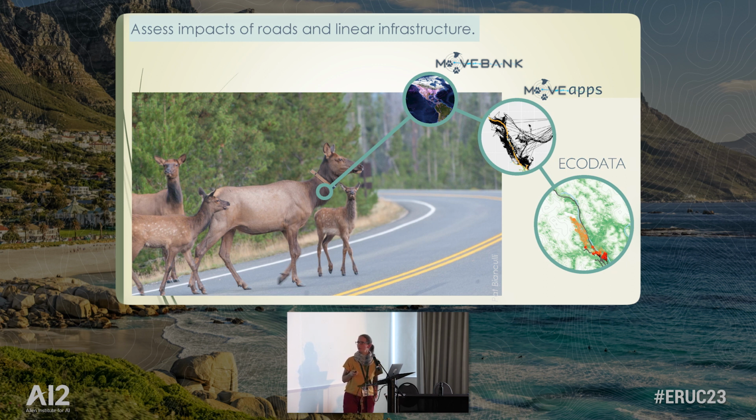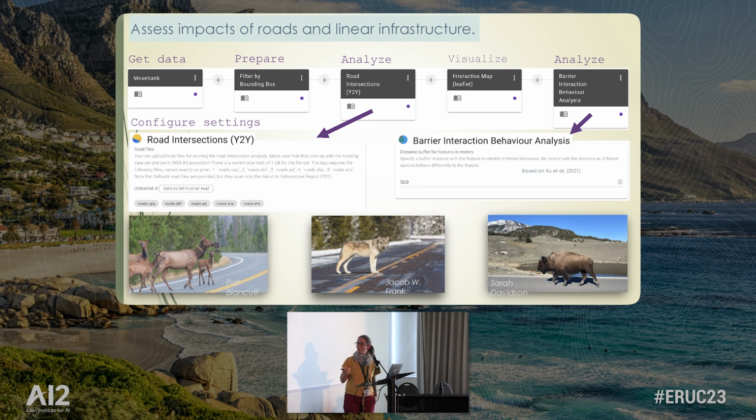And one issue that was really important to these people at these national parks is the impact of roads and other linear structures. And I'm sure this is also a problem here in Africa with all the fences I keep seeing everywhere. We have made several apps. One is a very simple one where you just see where the animal is crossing a road.